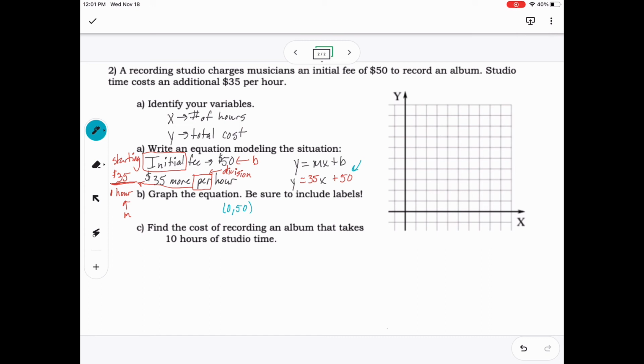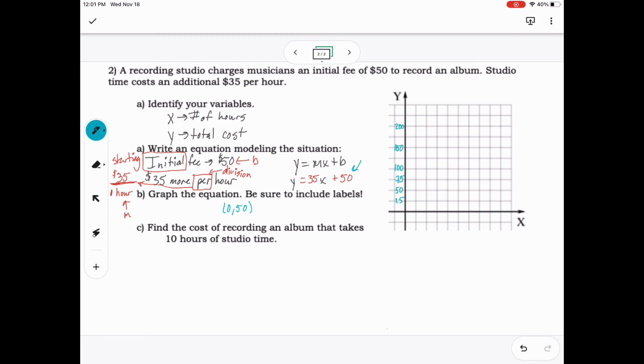So that's a lot. So maybe we should go by 25s. So 25, 50, 75, 100, and so on and so forth. So I'm going to say this is 150, this is 200. That's probably good for right now, okay?